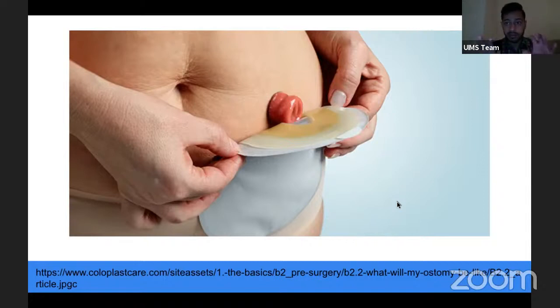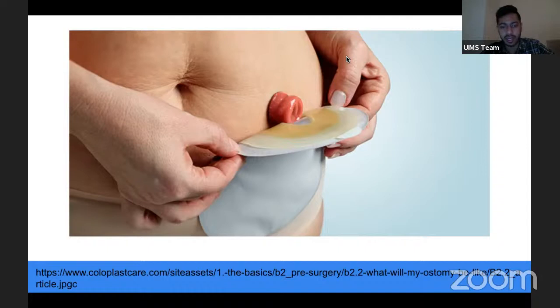Once we've distinguished the location and the type of bowel that is probably involved in this stoma, we can then assess the stool and the contents in the stoma. So this could be either stool or urine.